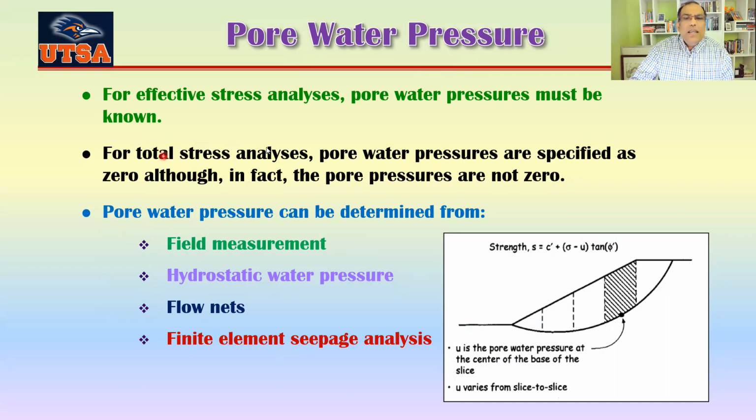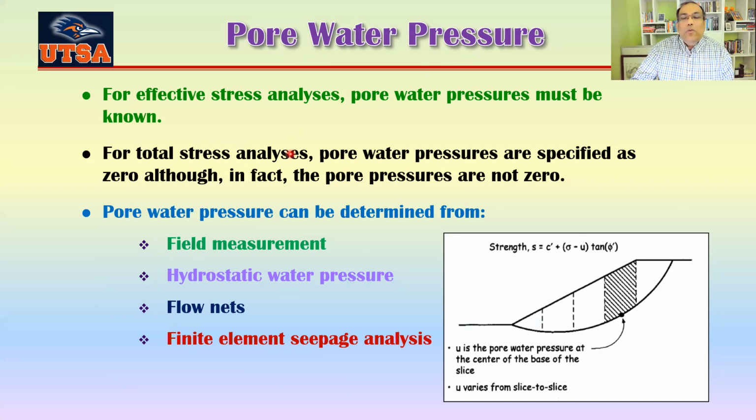So we'll talk about what total stress analysis is and what effective stress analysis is. In total stress analysis, the pore water pressures are specified as 0, although in fact the pore water pressures are not 0. So for long-term effect, even though the pore water pressure is there, if we talk about the total stress analysis, which we do when the sudden drawdown occurs, that's the UU, undrained condition.